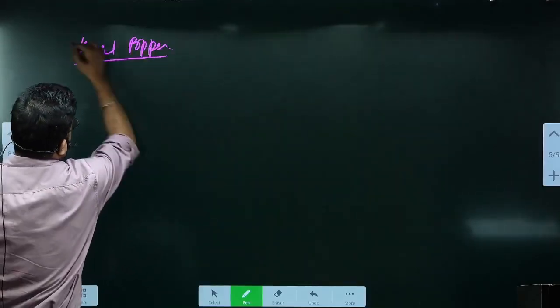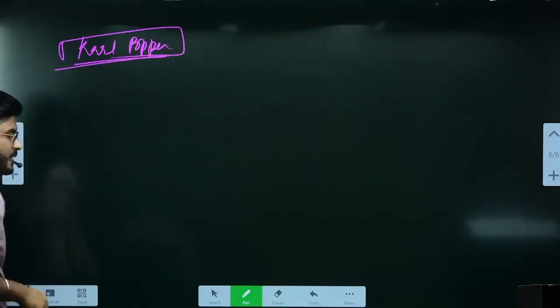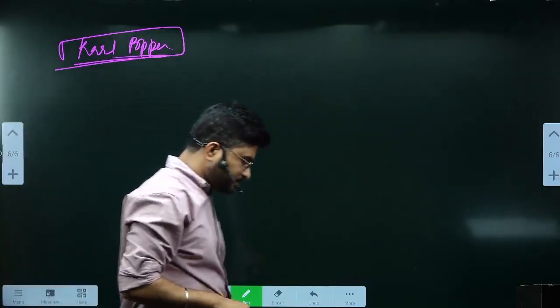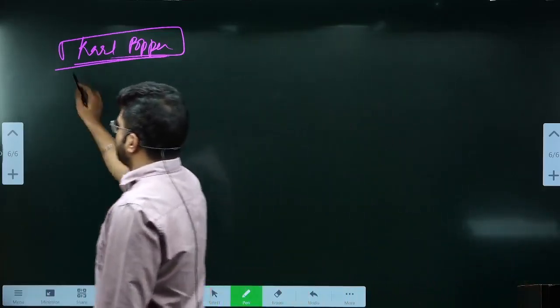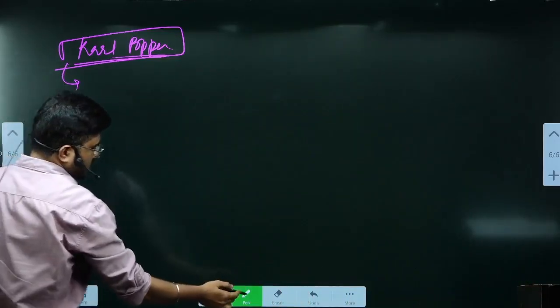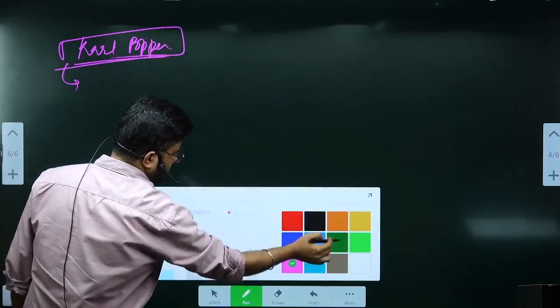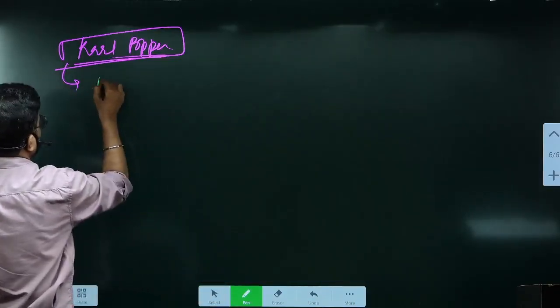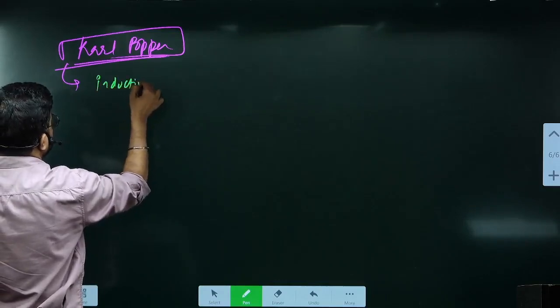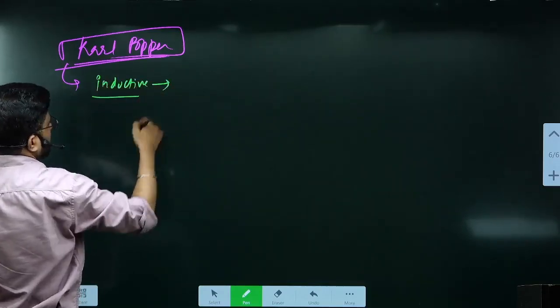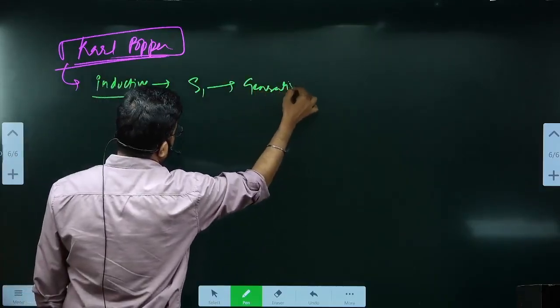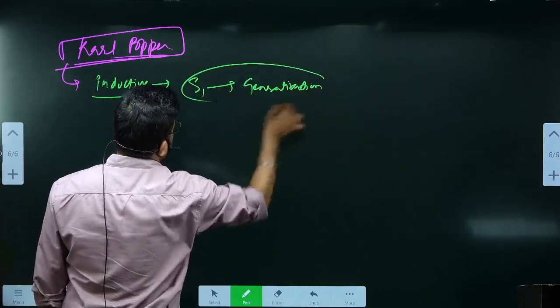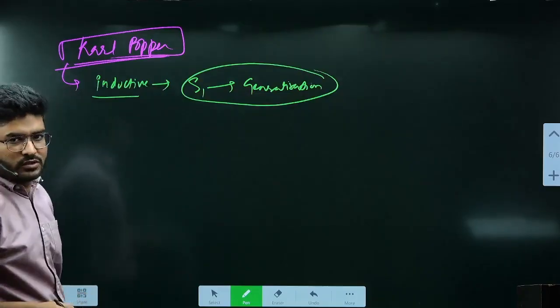Okay. Now, Karl Popper. He says, why is science always focusing on the inductive approach? Inductive मैंने बोला ना, from small steps to making a generalization. Why is science following that particular inductive approach?